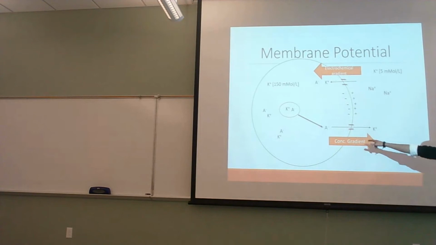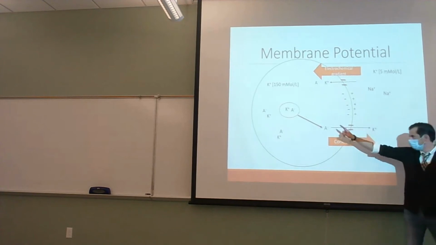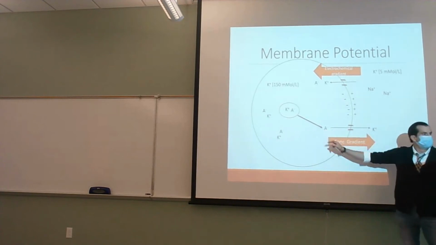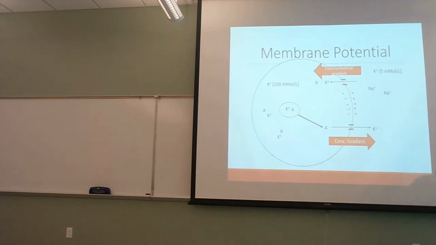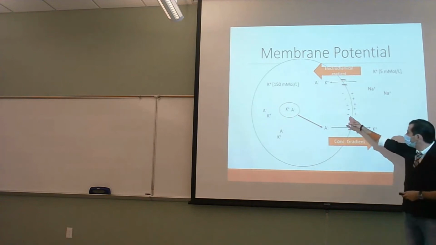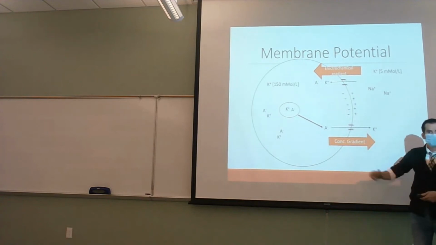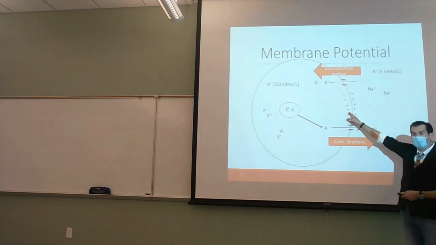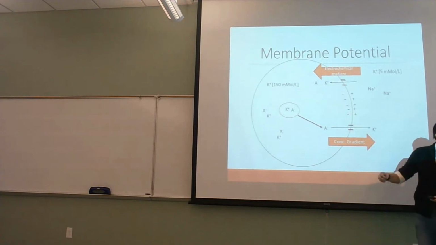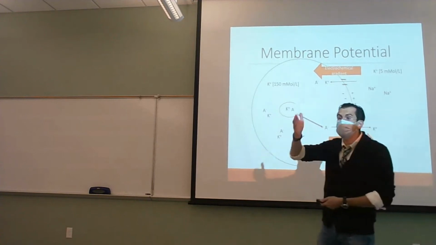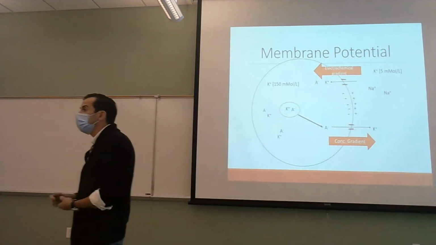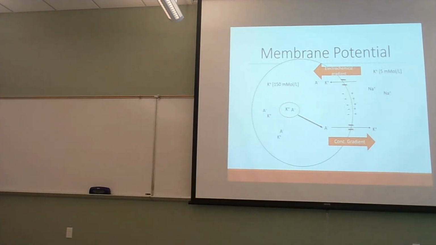So if we lose the potassium, look what we left behind. An unpaired, negatively charged ion. Not a big deal. You lose one potassium, you leave behind one negatively charged ion. You lose another potassium, you leave behind a second unpaired ion. You lose a third potassium, you leave behind a third unpaired, negatively charged ion.